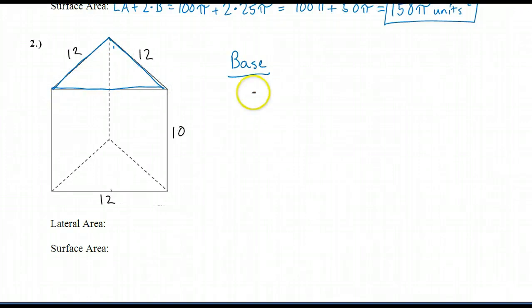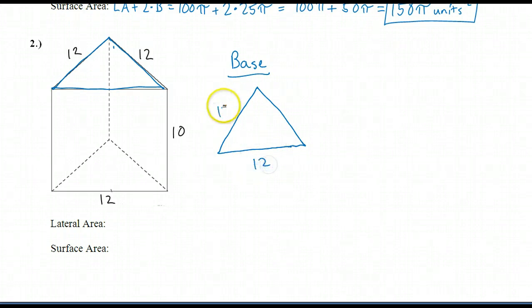So when I redraw my base, I want to make sure to redraw my base as an equilateral, equiangular, regular triangle, where each side is 12. So the perimeter of my base is going to be 12 plus 12 plus 12, 36.